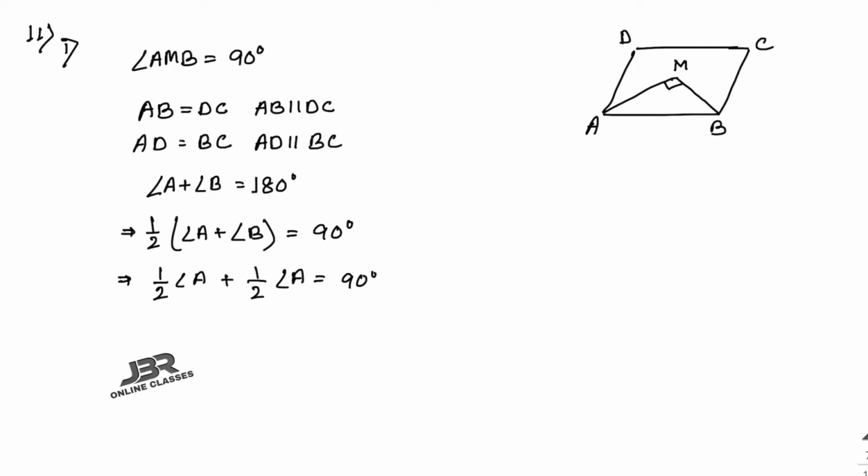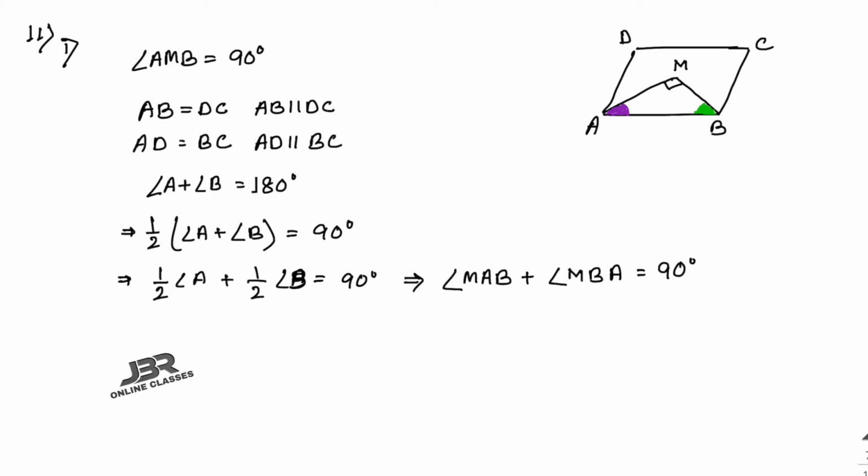Now half of angle A, that means you can consider this angle. This one is the half because AM is the bisector of A, and half of angle B, sorry, it's B not A. Now half of angle B, that means you can consider this angle, the green one. So you can write half of A, that means angle MAB, plus angle MBA, equals 90 degrees.